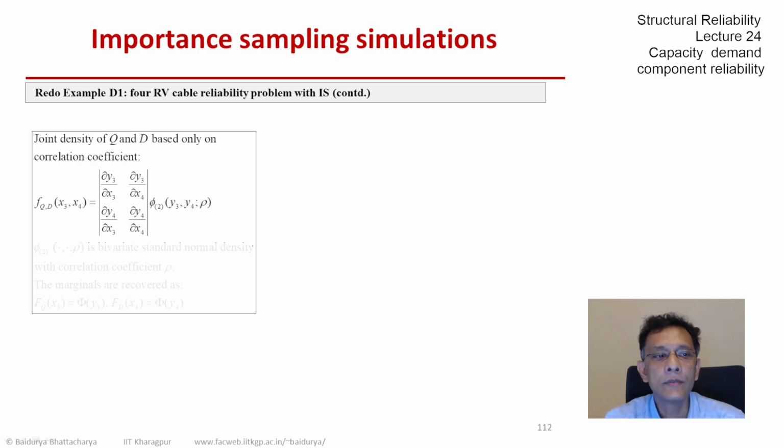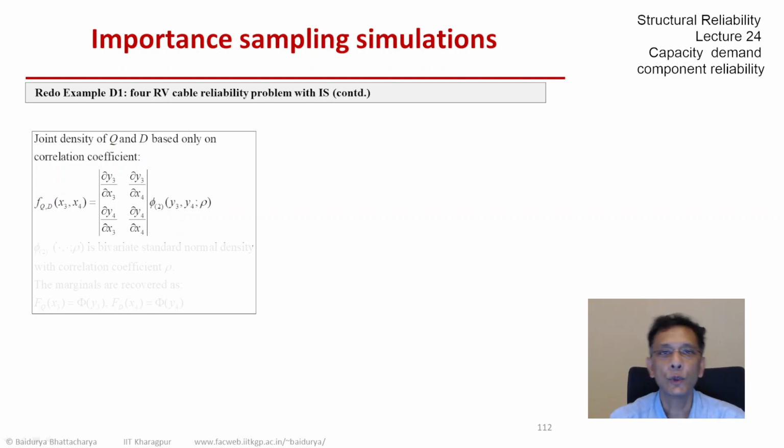The joint density function of Q and D is not really defined. All we know is that they are dependent, and we have been given their correlation coefficient rho. We have done this before: we would like to map them onto a bivariate normal density with the same correlation coefficient rho.